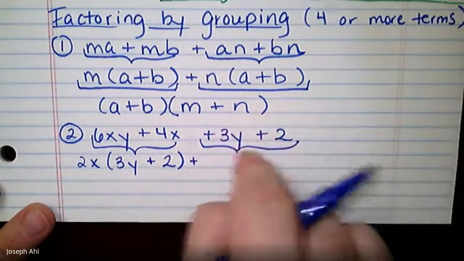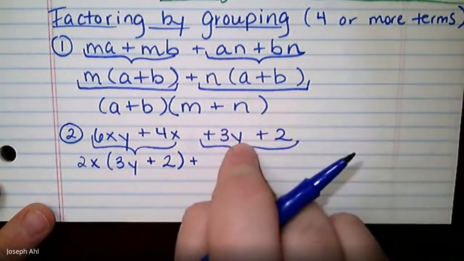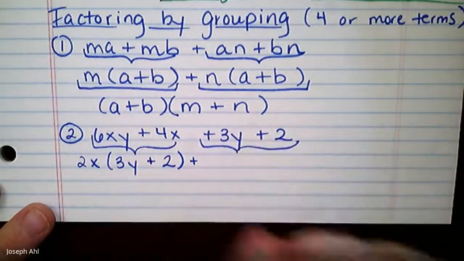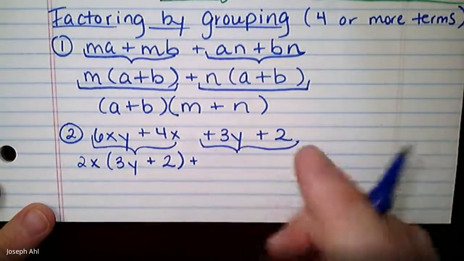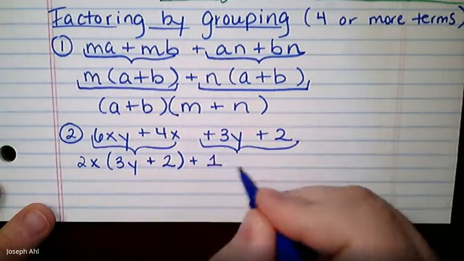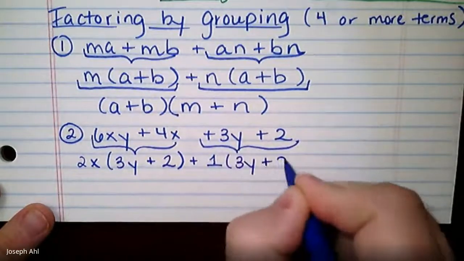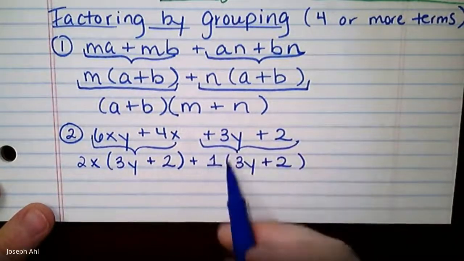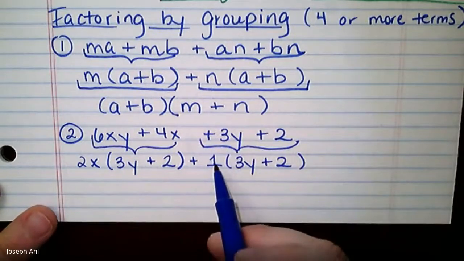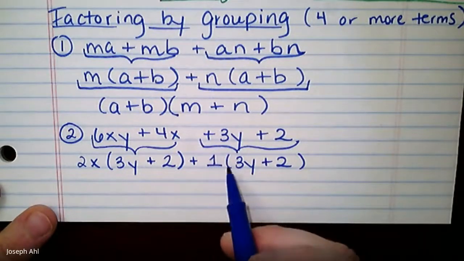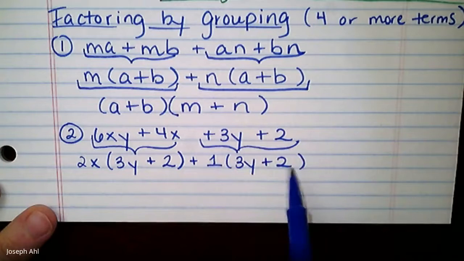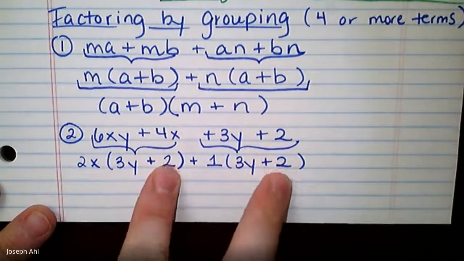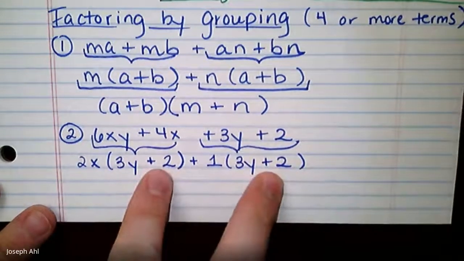Plus, what would I take as a GCF from the second group? Well, the second group doesn't really have a GCF, does it? But I think it would help you if I wrote it like this. What if I took out a GCF of 1? Pretty unexciting GCF there. But when I write it as 1 times the quantity 3y plus 2, now I can see how that 3y plus 2 is a GCF, right?